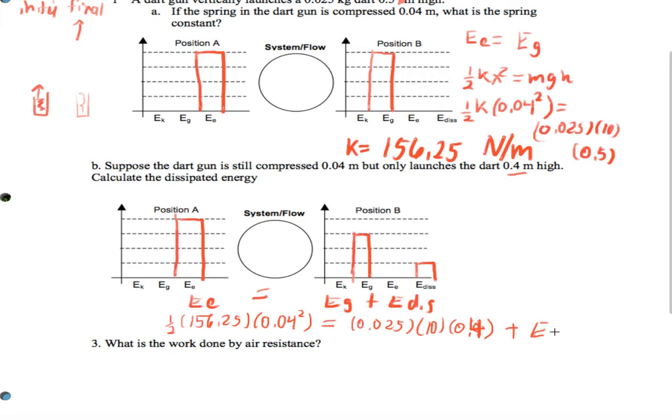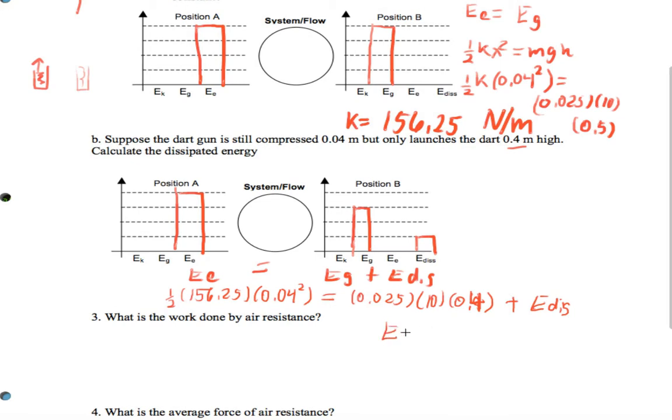And then the leftover that we have is just the dissipated energy. So I'm going to plug in the numbers, and when we actually calculate E dissipated, we're going to end up getting 0.025 joules.